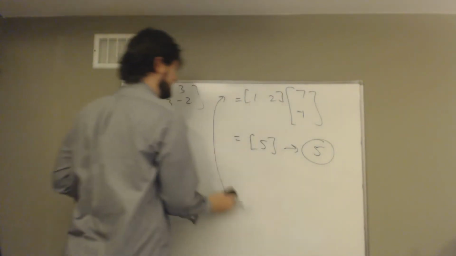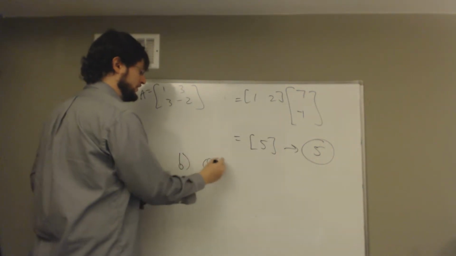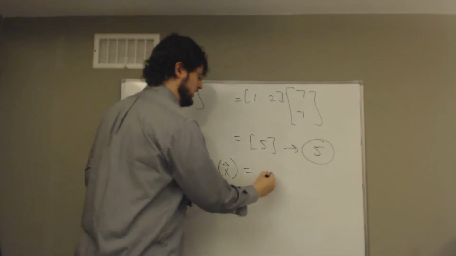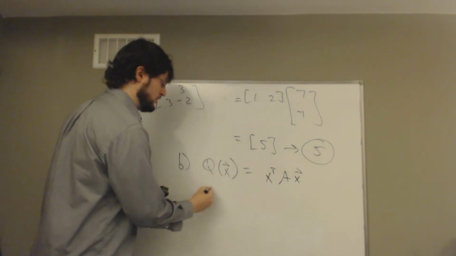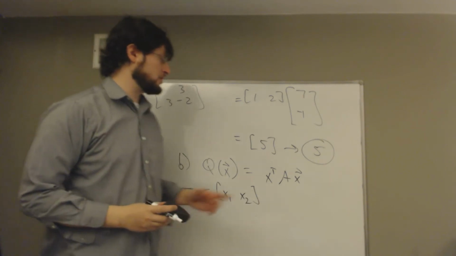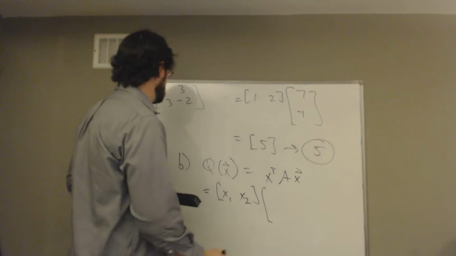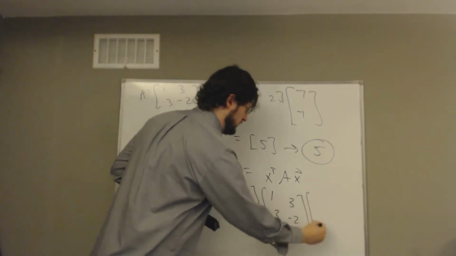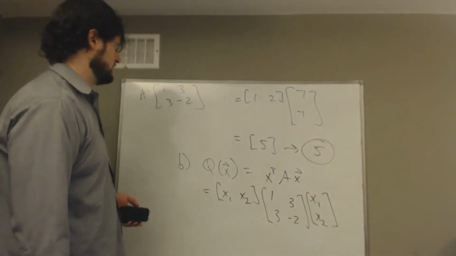Now, why do we call these quadratic forms? Let's think about what Q at x looks like more generally speaking. Q at x is x transpose Ax, where we don't have specific information about x. We think about x just as x1, x2 times 1, 3, 3, minus 2 times x1, x2.